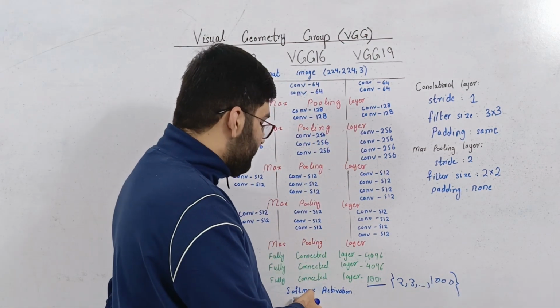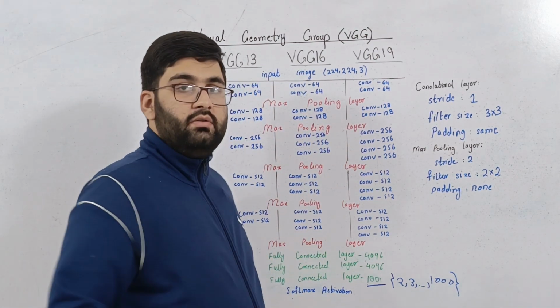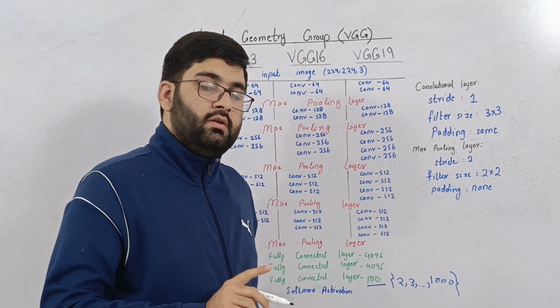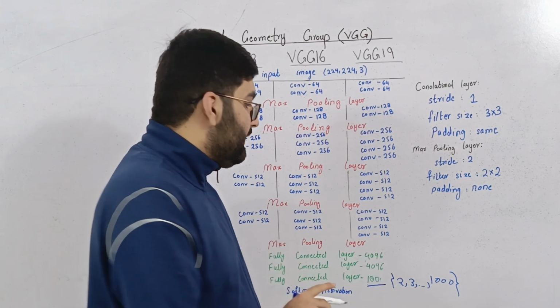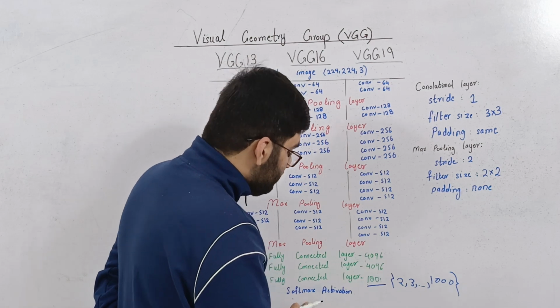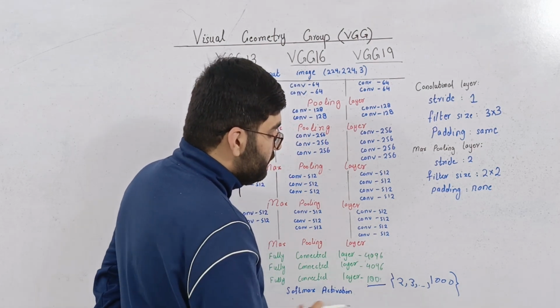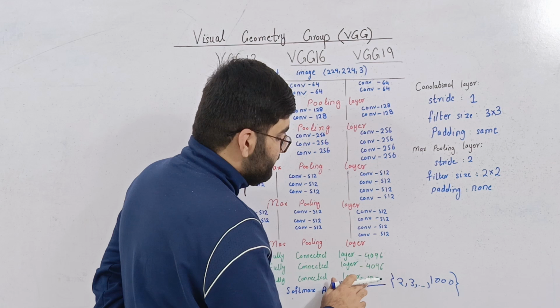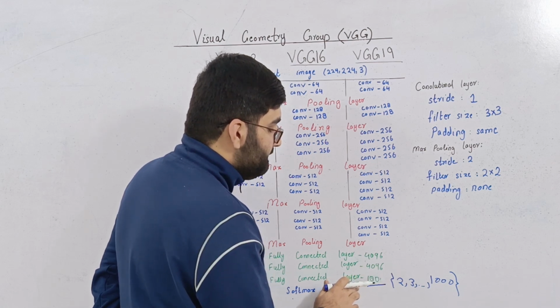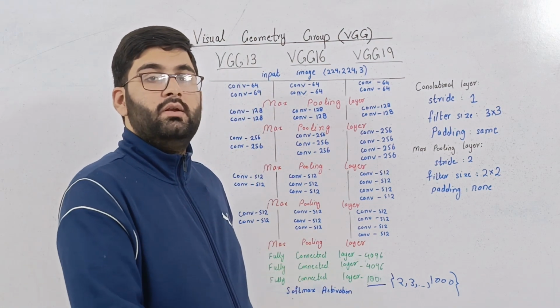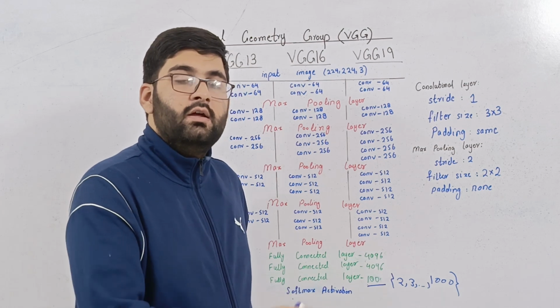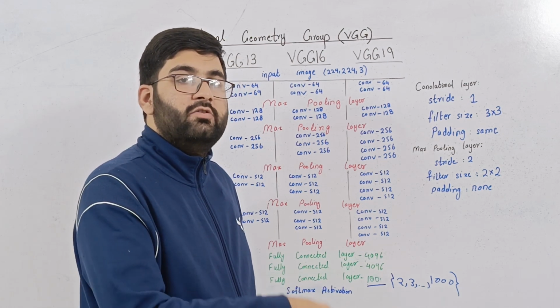Finally, there is a softmax activation function. This is a special type of function that we will talk about later. This function outputs a probability for each of these classes, and the one with the highest probability is selected for the model's prediction.